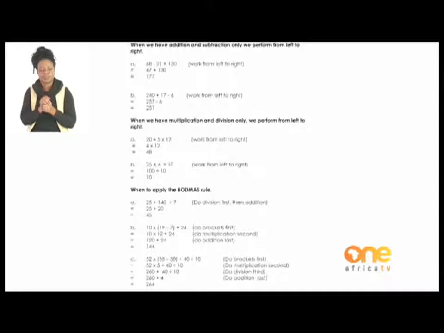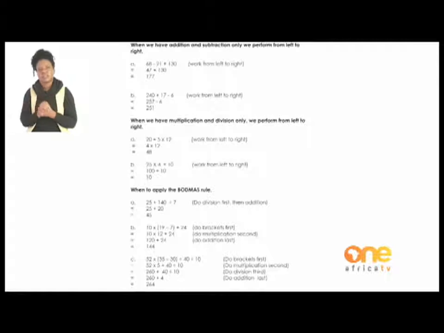We see the division is first, so that one we will do first. 20 divided by 5 equals 4. And then we add times 12. 4 times 12 equals 48.